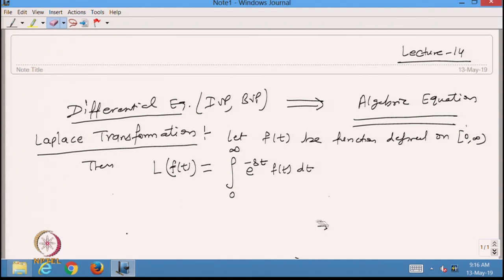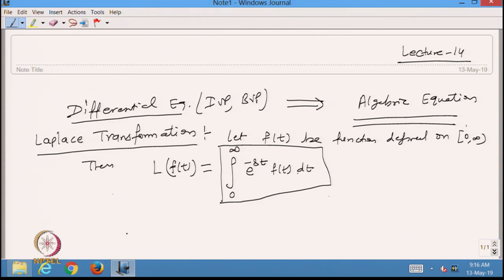Now, if this integration is a finite value, then we say that this integration exists, and in that sense I will say that the function f(t) has the Laplace transformation. We do the integration with respect to t and then put in the limits.